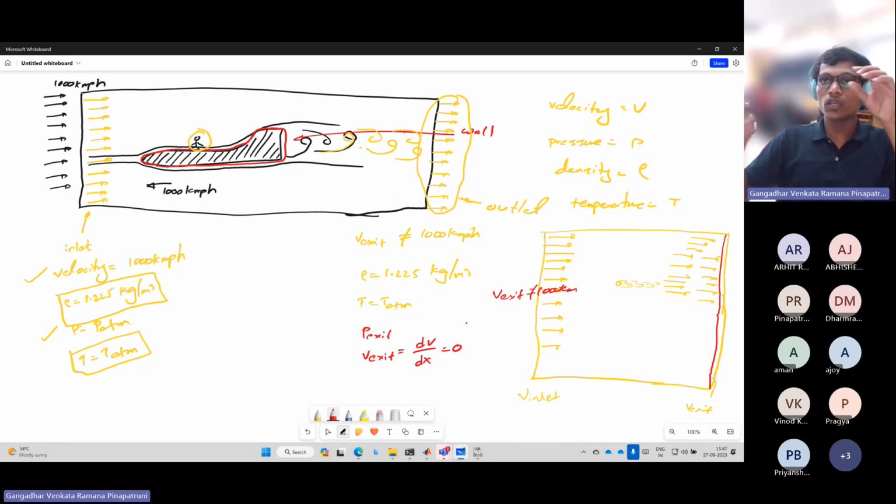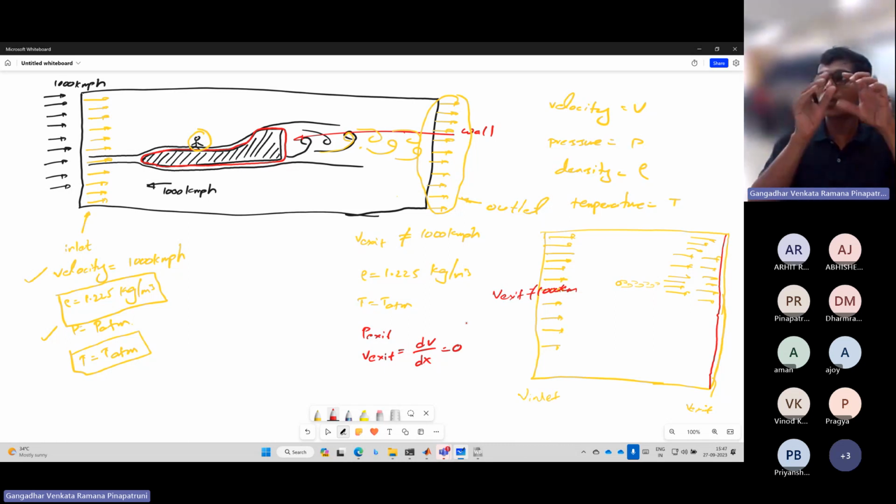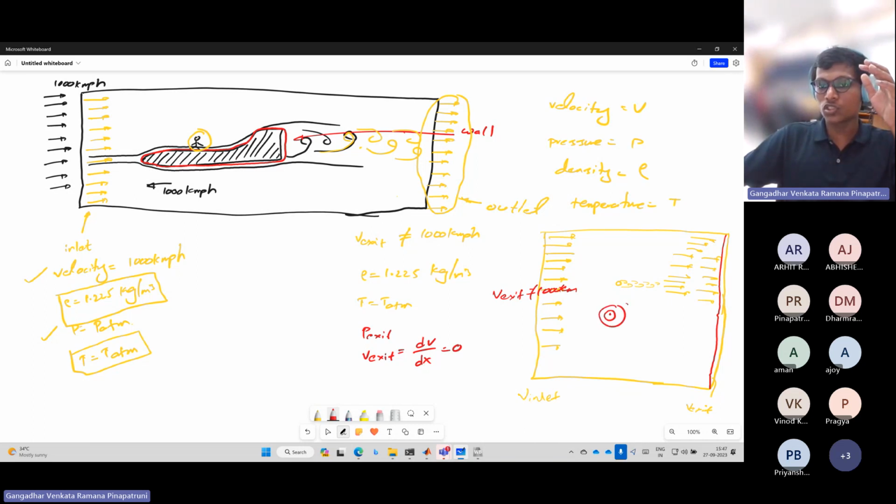If you are creating any small disturbances at some point in a big pond, or a river, by the time the disturbance reaches the extreme ends of the pond, the disturbance itself nullifies, or it is lost; it cannot sustain for that long.